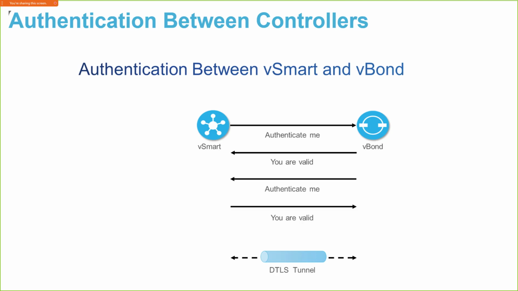But a vSmart controller could have one kernel route and one DTLS or TLS session for each vEdge router in its domain. Obviously we can have more than one vEdge router attached to a vSmart controller, so you might have multiple tunnels.